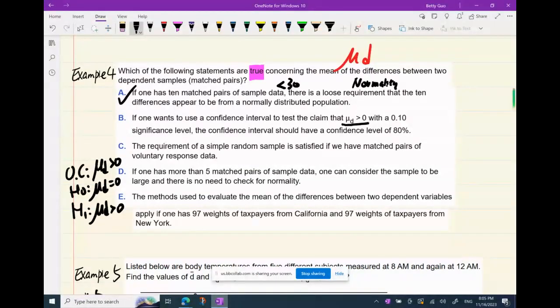The original claim is either equal to the null or equal to the alternative. In this case, it is the alternative because the null has to contain the equal sign. We determine the type of test based on the alternative. Since the alternative is bigger than 0, it is a right tail test.